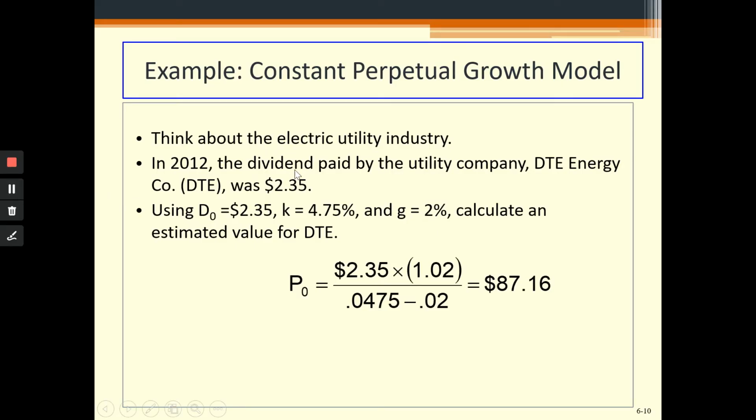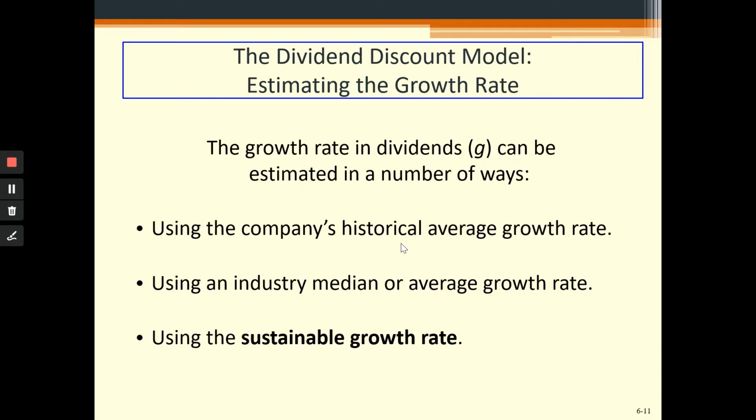Now the question arises: how is the growth rate, which is used in the perpetual growth dividend discount model, computed? There are a few approaches to find that growth rate. Number one, we can use the data of the dividends of the company from the past and find its average growth rate.